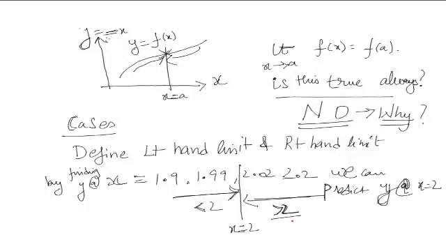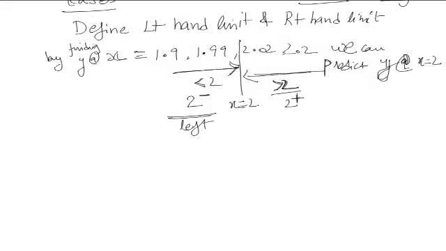So I will say that this is the 2 plus region. And this is always less than 2, so I will call this the 2 minus region. In this region, we are approaching 2 from the left, and here we are approaching 2 from the right. The 2 plus side is called the right side and the 2 minus side is called the left side.